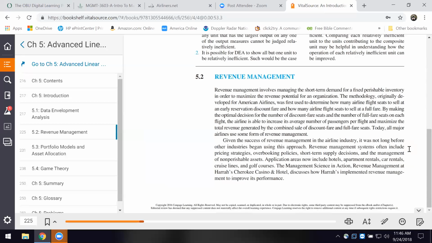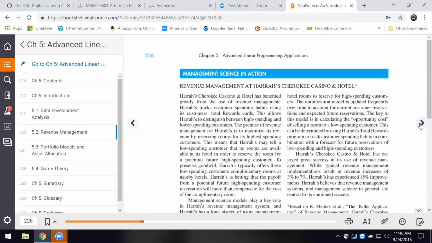So we fed the robots, and now they're not feeding us. And so this revenue management passage where they talk about airlines and how they do their pricing is really valuable.